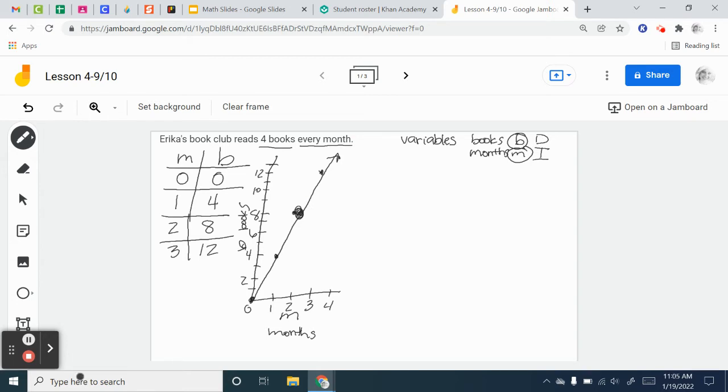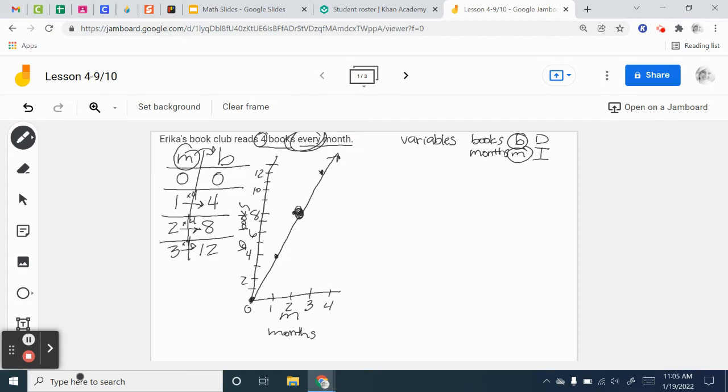So now I've got my table, I've got my graph, and now I need my equation. Well, my equation is going to tell me how do I get from the number of months to the number of books. Well, here I multiplied 1 times 4. Here I did 2 times 4 because it's 4 books every month. 3 times 4.